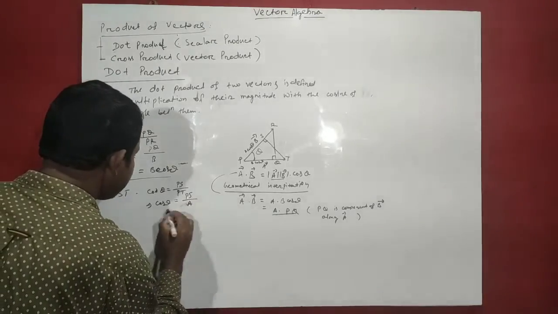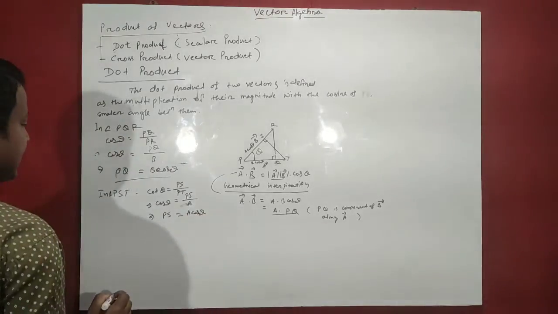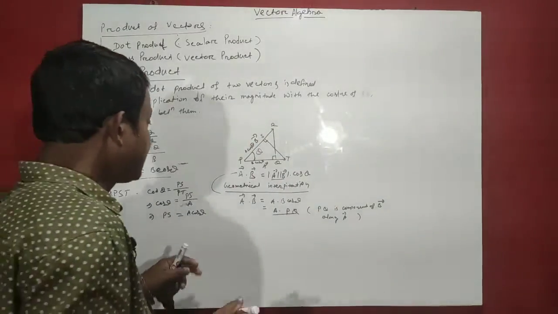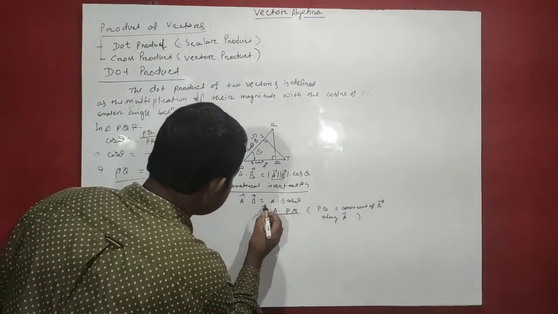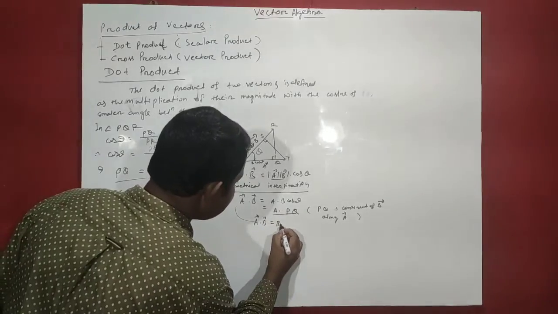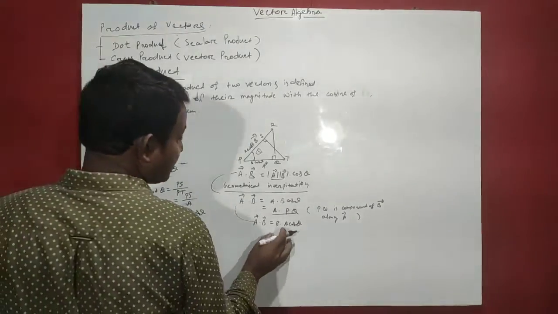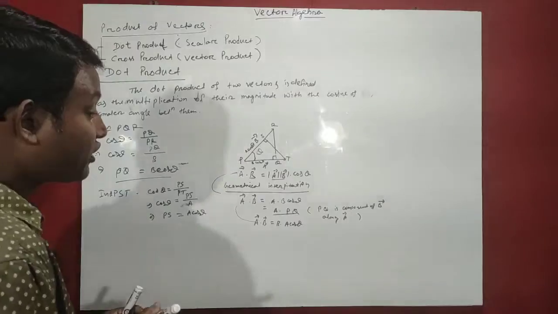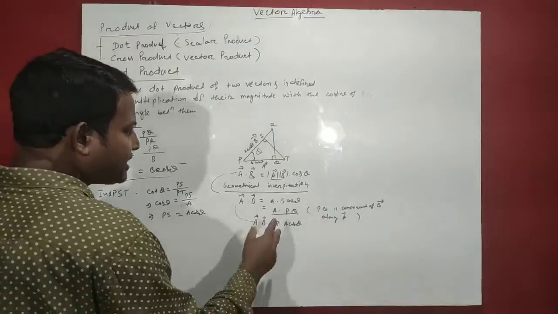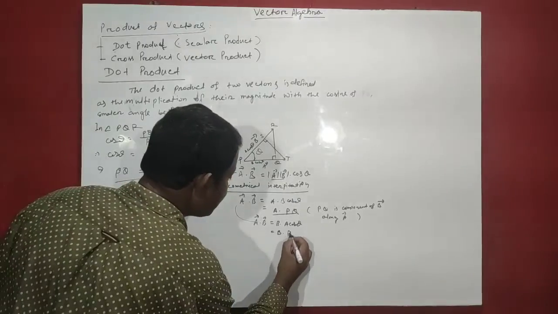PT is A. So PS is equal to A cos theta. If I change slightly, A dot B is equal to B into A cos theta. I can write this because these are two magnitudes only, not vectors. So if we change the order, that means two numbers can be swapped. So B into A cos theta is equal to B times PS.